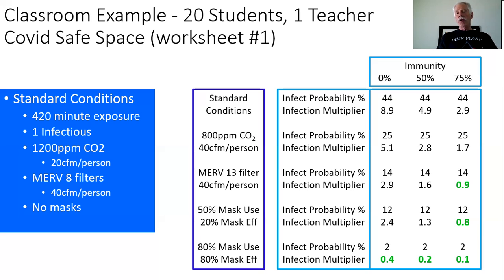As we implement increased fresh air ventilation, improved air filtration, we start dropping to infection multipliers of 1.7 and then 0.9 as we get to better fresh air, better filtration.